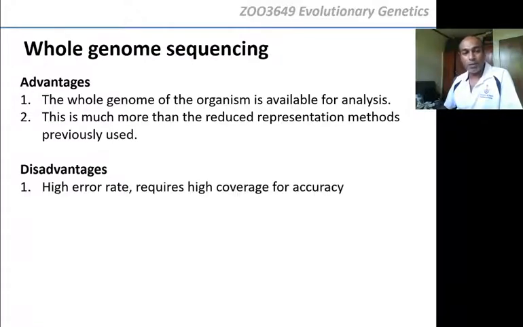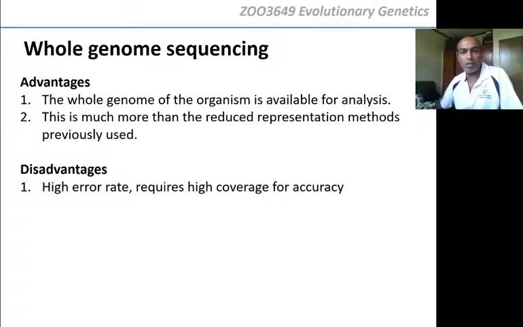What are the disadvantages? Of course, you have a high error rate with Illumina sequencing. PacBio sequencing, the rate is a bit less, but they also have a high error rate, which means that you can't avoid high coverage. You must have a genome with high coverage, where each place has been sequenced many times, so that you overcome this error rate. Because if you sequence the same base again and again, then you know it's not an error.